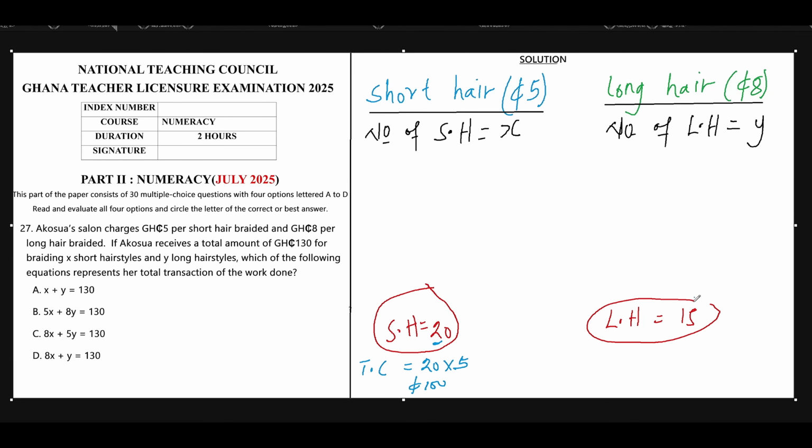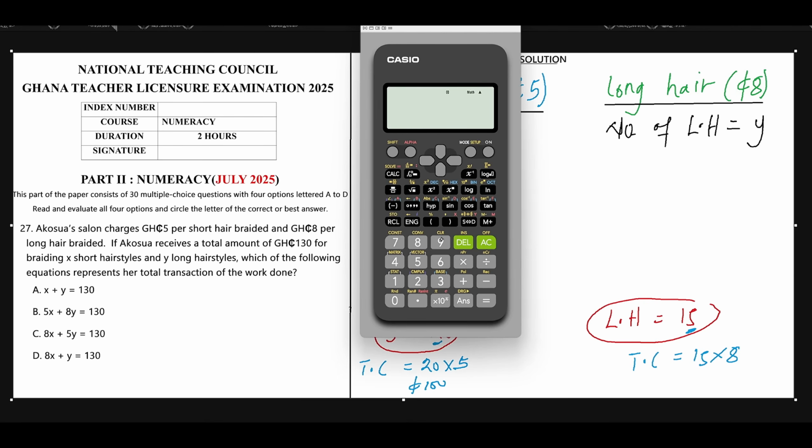Again, if the cost of a long hair is 8 Ghana cedis and this customer has braided 15 of the long hairs, then the total cost of braiding the long hairs will be the number of long hairs, which is 15, multiplied by the cost of a single long hair.